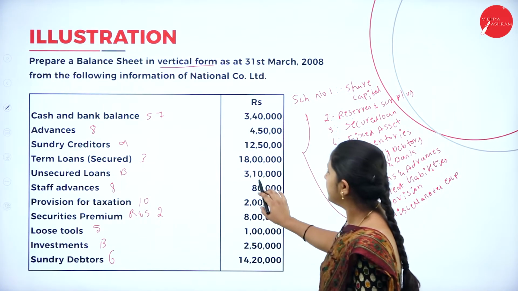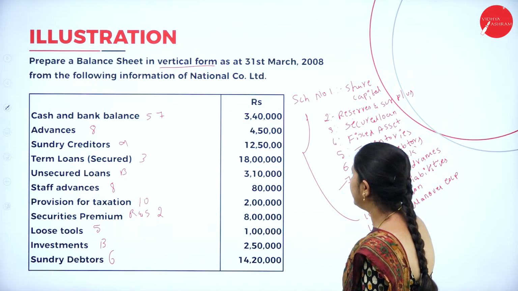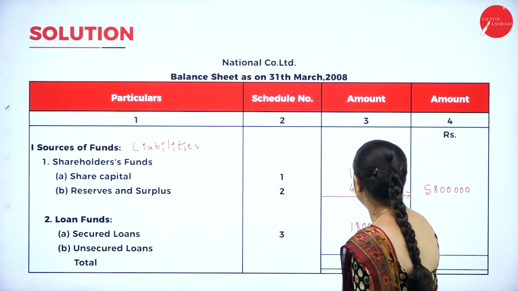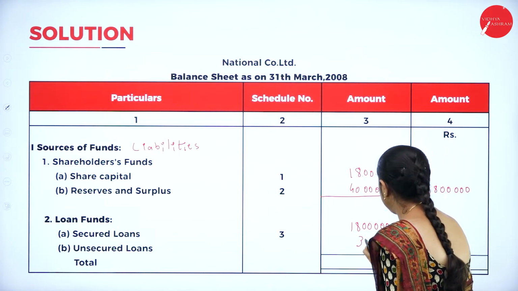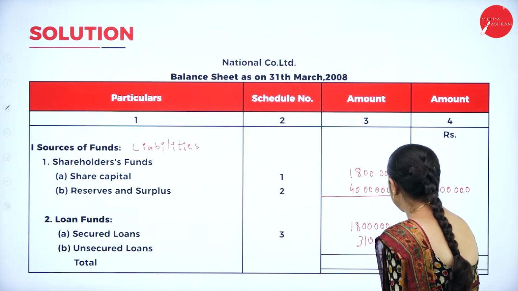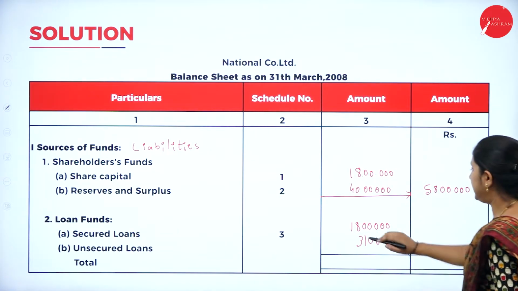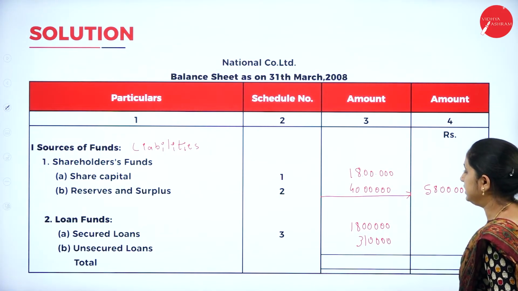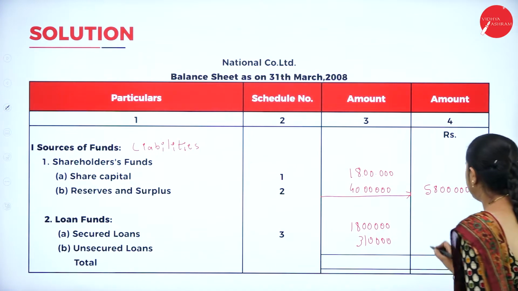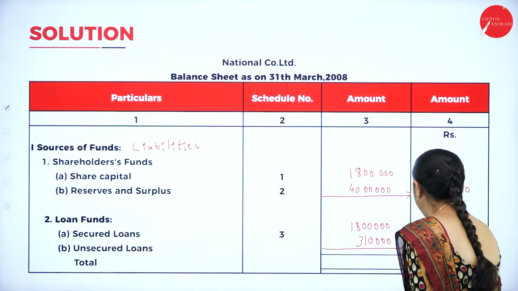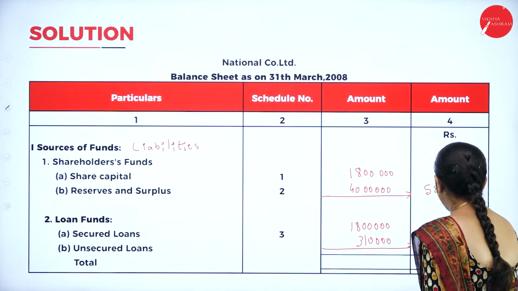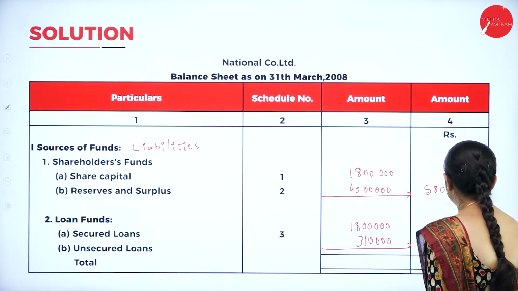Next, unsecured loan. Unsecured loan we can write directly in the balance sheet. That is 3 lakh 10,000. So write 3 lakh 10,000 for unsecured loan. 18 lakh plus 3 lakh 10,000 is 21 lakh 10,000. Write 21 lakh 10,000 in the outer column.